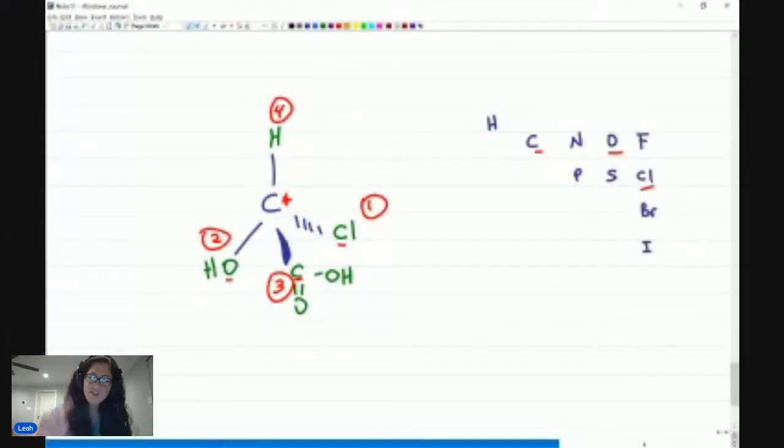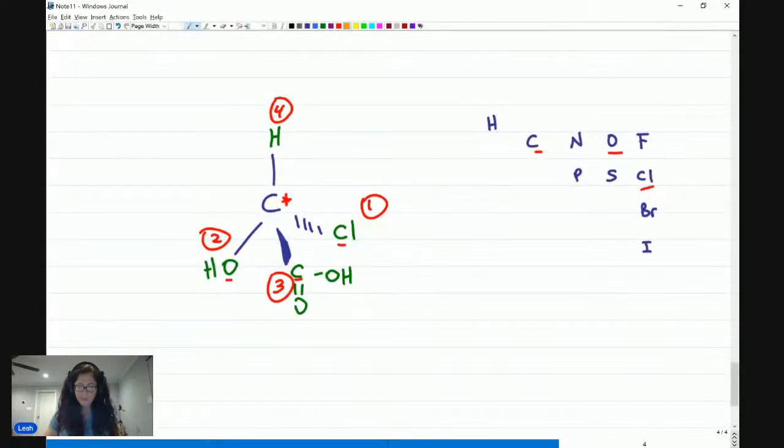So what I did, and this is key, I took a molecule, I made one swap, I turned it into the opposite. I did another swap, I turned it into the same thing. So let's see what we can do with that on paper, because that is key to understanding what is going on here.